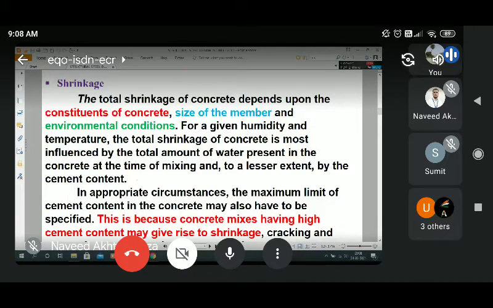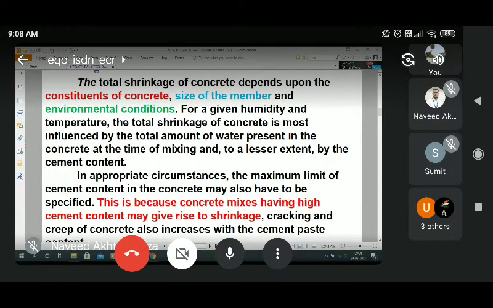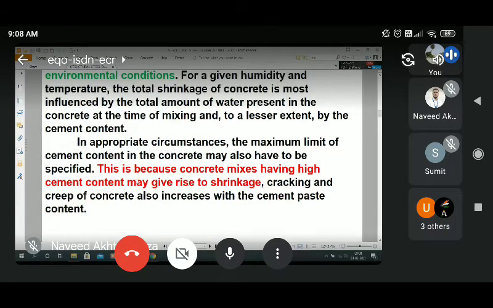In appropriate circumstances, the maximum limit of cement content in the concrete may also have to be specified, because concrete mixes having high cement content may give rise to higher shrinkage, cracking, and creep in concrete, and also increase the cement paste content.